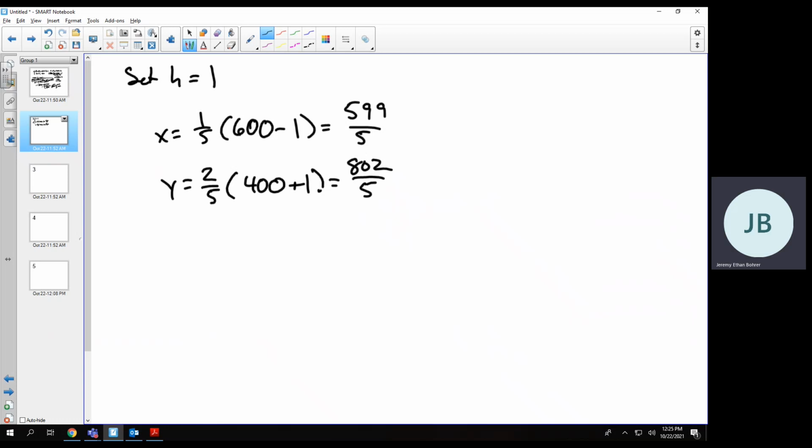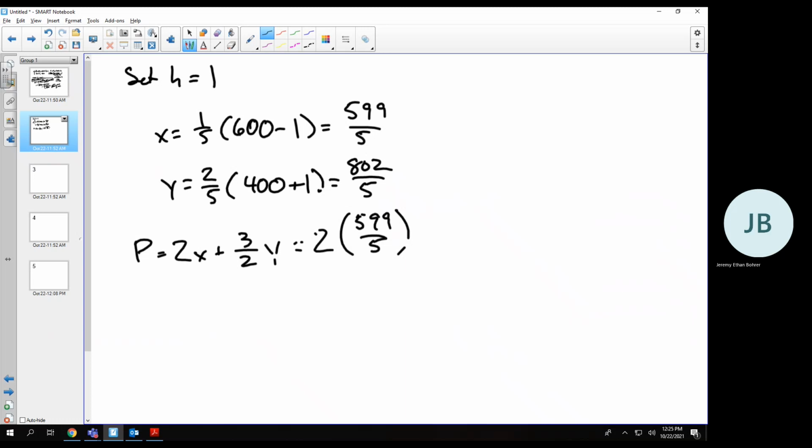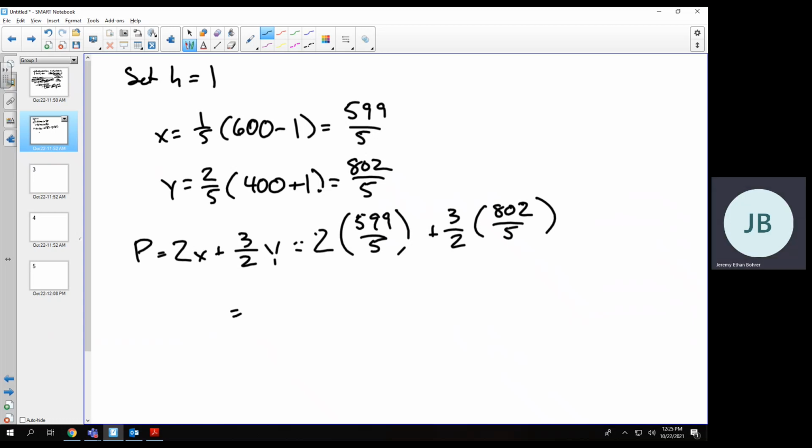Then the profit realized at this level of production, P equals 2x plus 3/2 y, gives us 2 times 599 over 5 plus 3/2 times 802 over 5, which is 2,401 over 5, or 480.2.